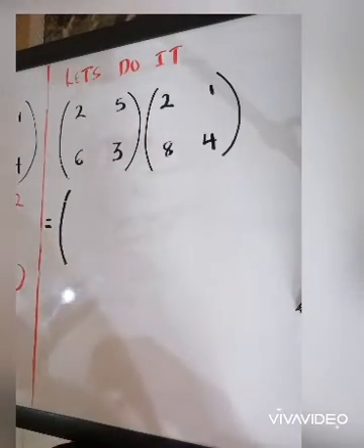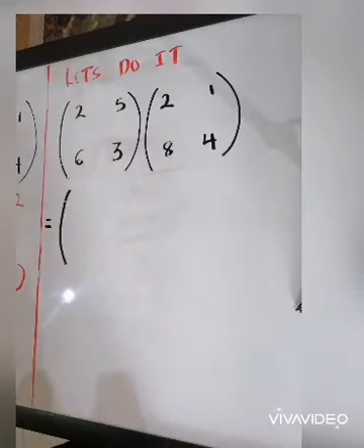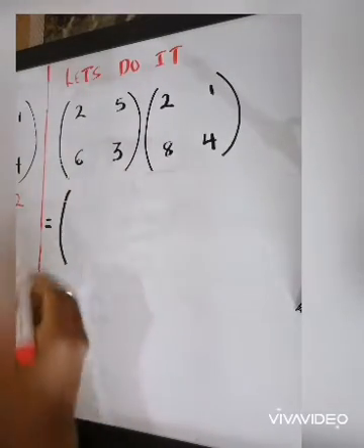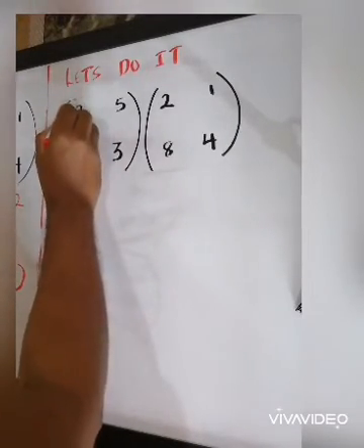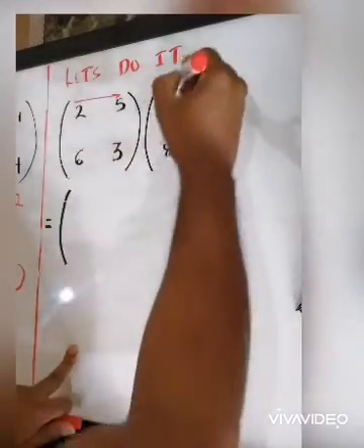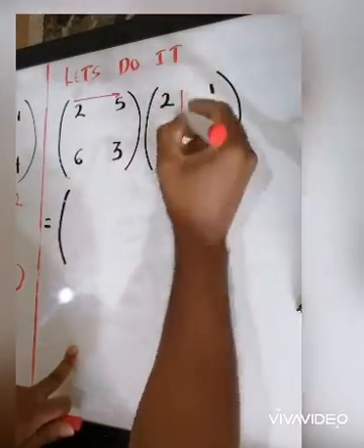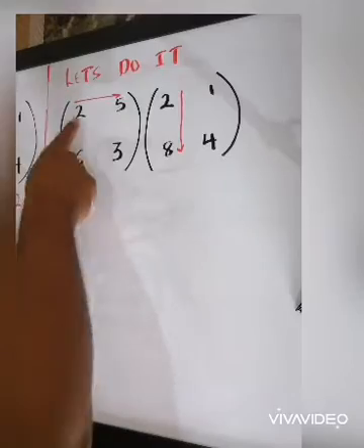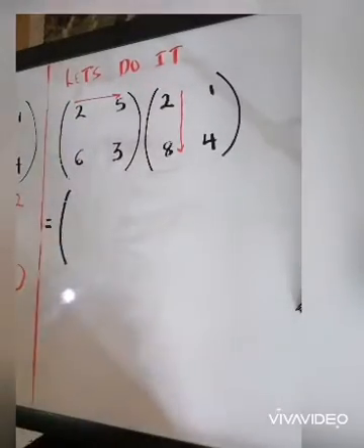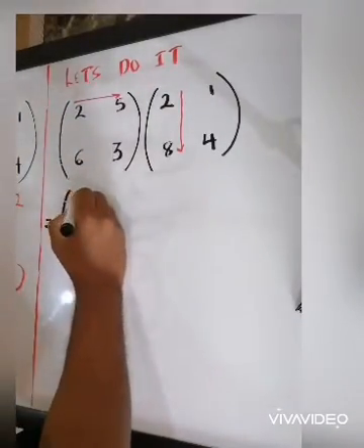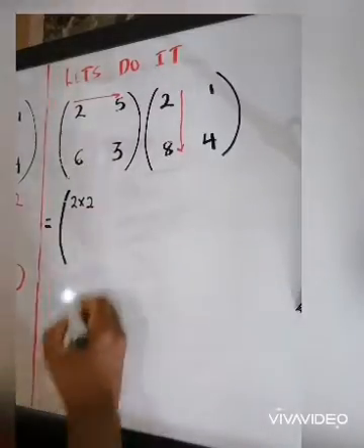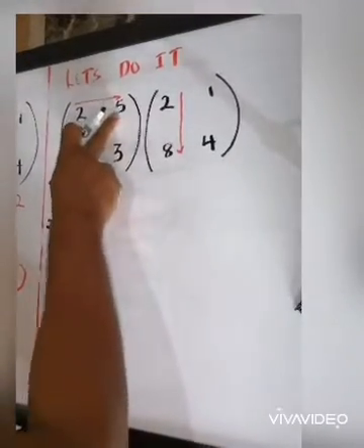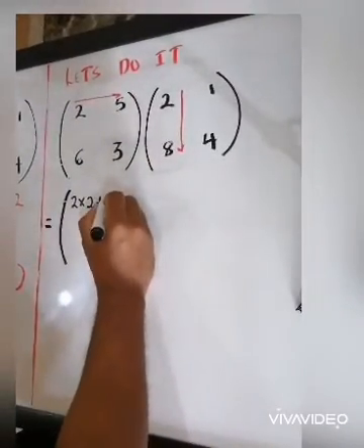So what does all of that mean? As I said, we multiply rows by columns. The first by the first, 2 by 2, and we add now 5 by 8.